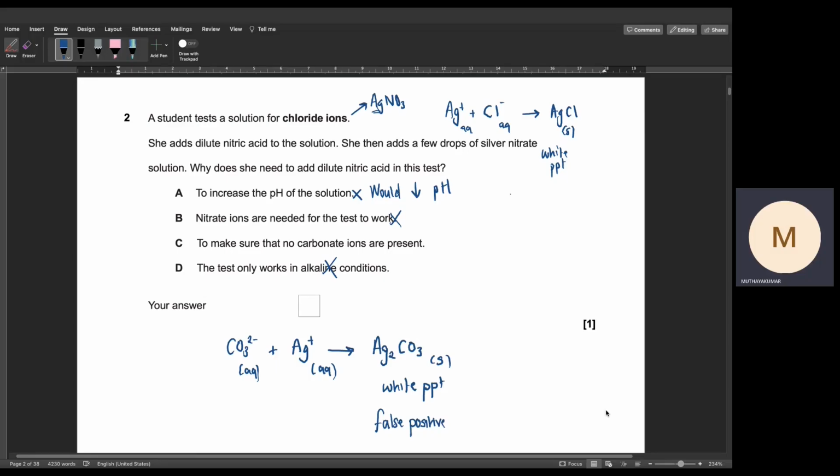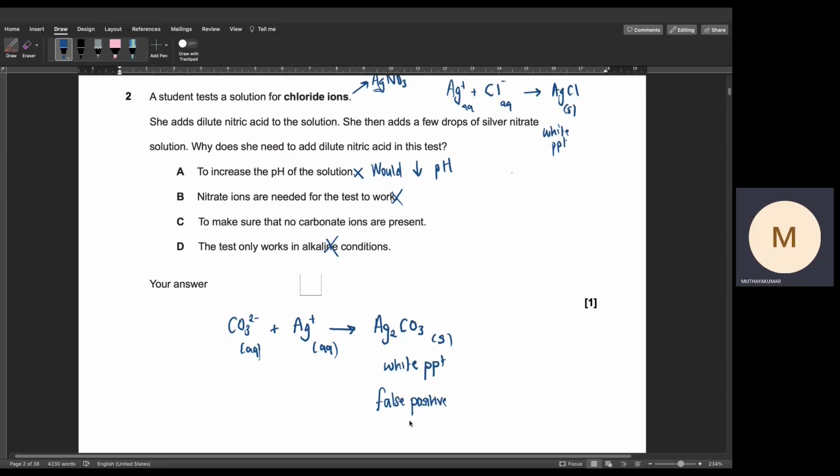So by adding nitric acid, how does this help the situation? Well, if nitric acid is added, this is now the test for the carbonate ions. Acid plus a carbonate will react together to form carbon dioxide. This eliminates any carbonate ions and avoids a false positive result. So C is the correct answer. So to make sure no carbonate ions are present to avoid false positive results.